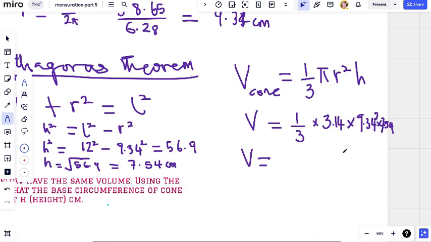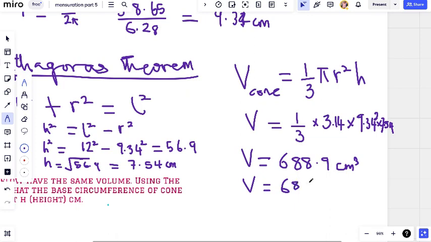Everything will give us 688.9 centimeter cube. If we change to three significant figures, we get 689. So the volume here will be equivalent to 689.